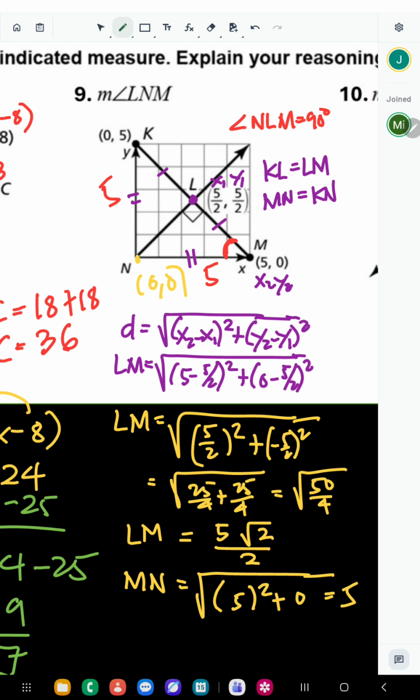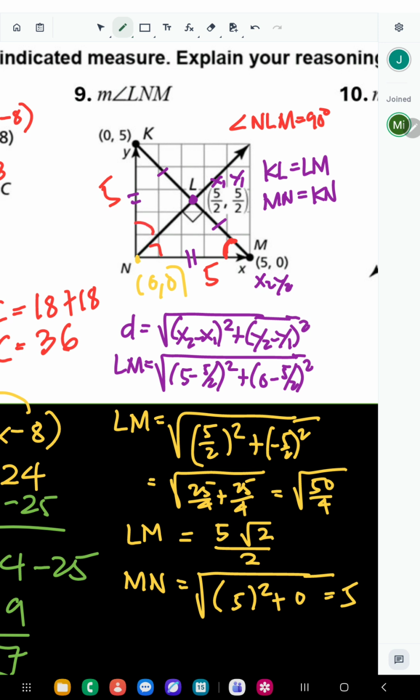Once we solve this angle, then we will know angle L and M, because we will just subtract from 180. We're already given this one, the right angle. You can solve this using law of cosines or vectors, but of course you're not there yet. Yeah, this angle should be equal to this angle.